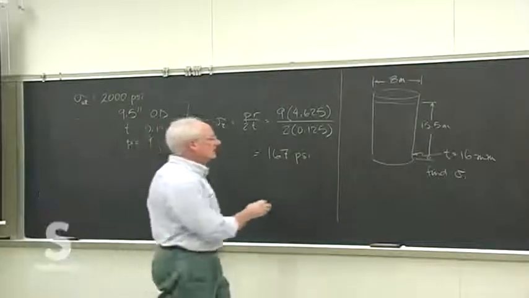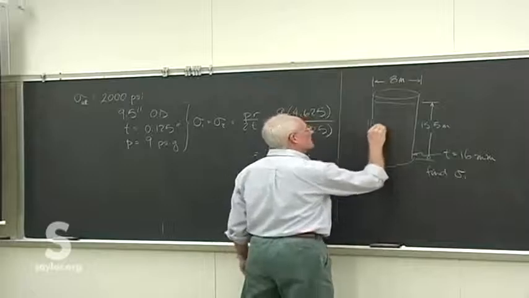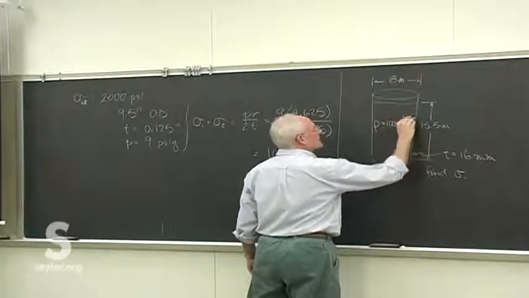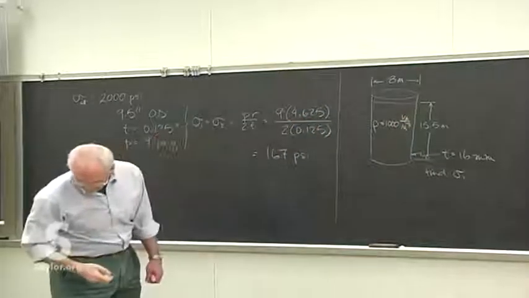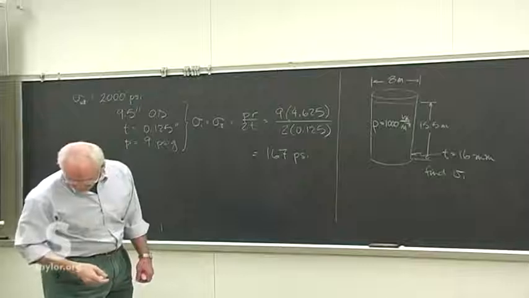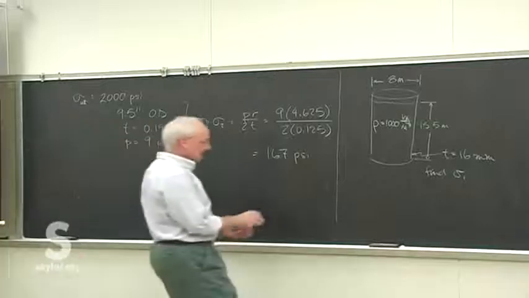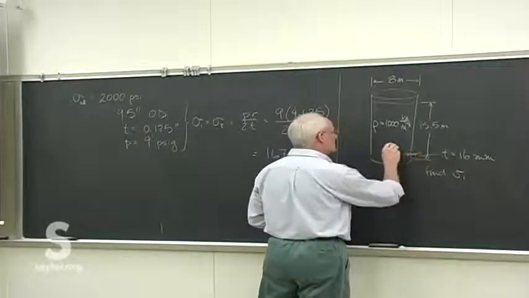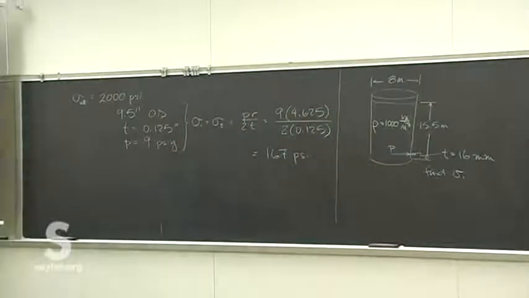So the one thing you'll need is the density of water, which is 1,000 kilograms per cubic meter. So we'll see if you remember how to determine the pressure at the bottom of a liquid column.